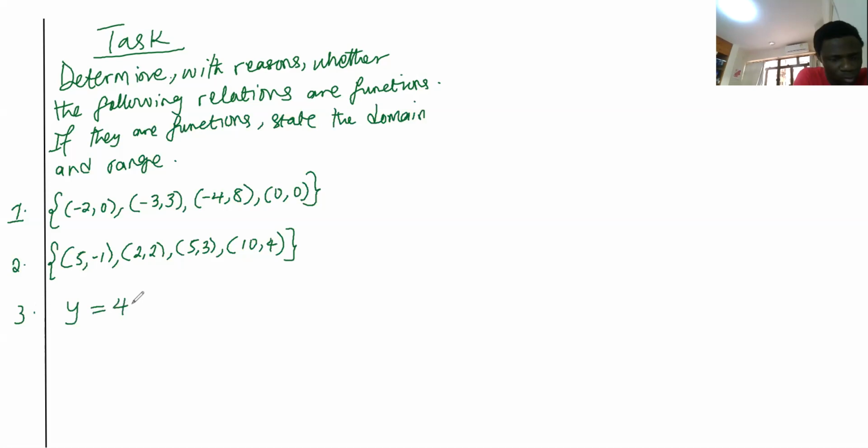y equals 4 minus 3x. Lillian, the question on sign, this is where we can restrict it, okay? If it's a function, then we have to state the domain for which it is defined as a function. Is that understood, Lillian?